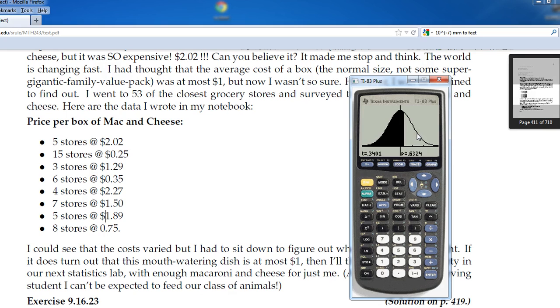There's absolutely no reason not to believe the null hypothesis, that the average either is equal to $1 or greater than $1. So there's your conclusion. Your test statistic is actually positive, meaning it's above the expected average of 1. You could run this as a calculate instead of a draw to get the actual average if you needed numerical values. And here it is right here, $1.03, barely above $1.